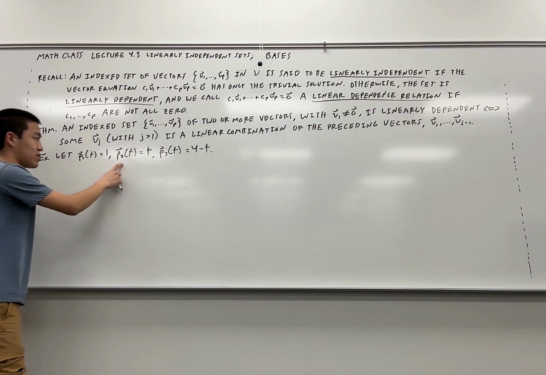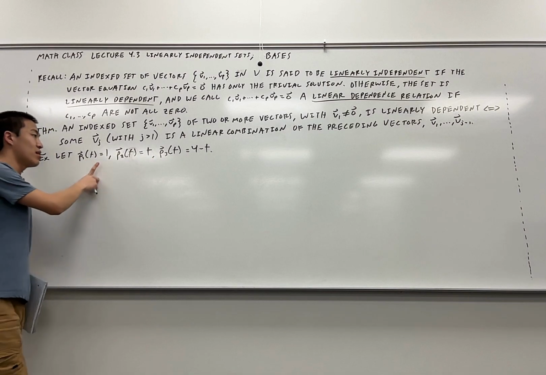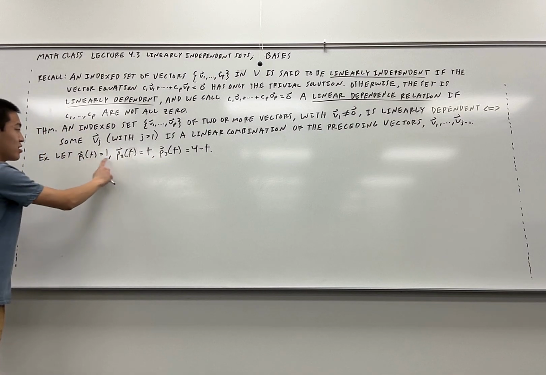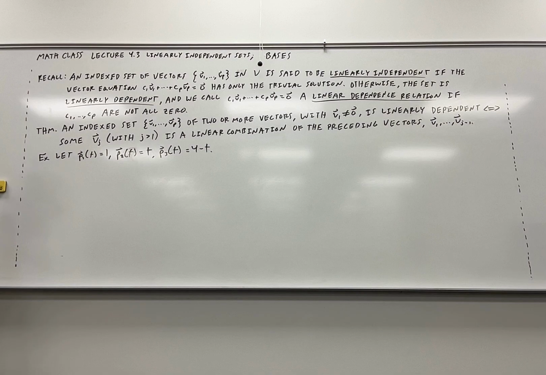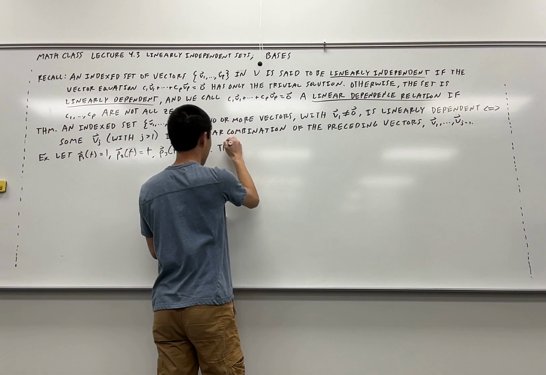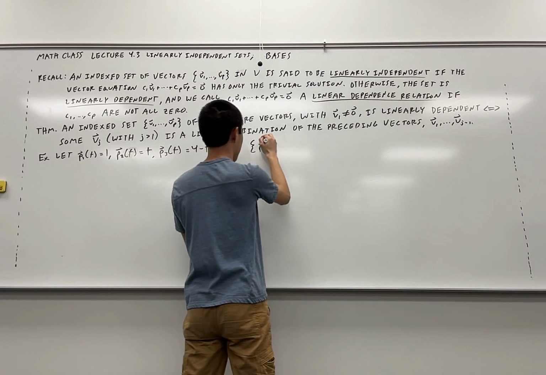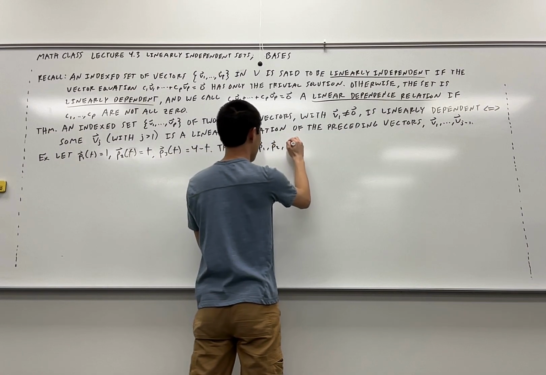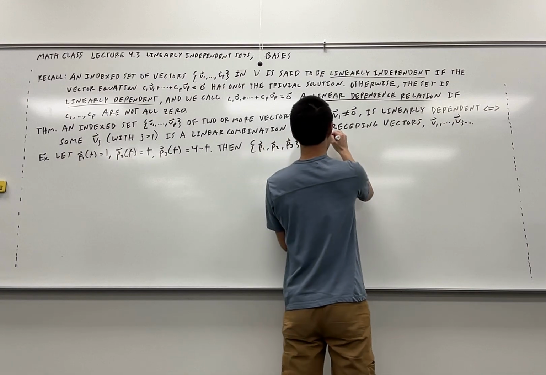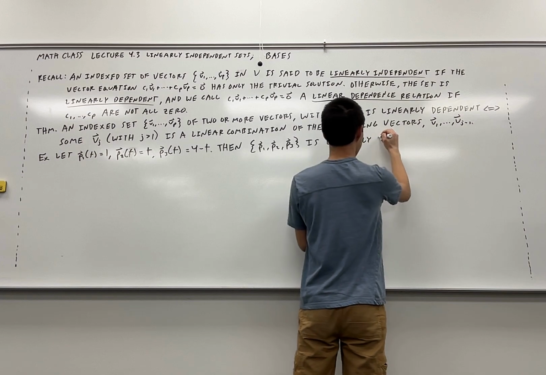P1 is 1, p2 is t, and p3 is 4 minus t. And you realize p3 is actually just some linear combination of the previous two vectors, p1 and p2. So I could say this vector set p1, p2, p3 is linearly dependent.